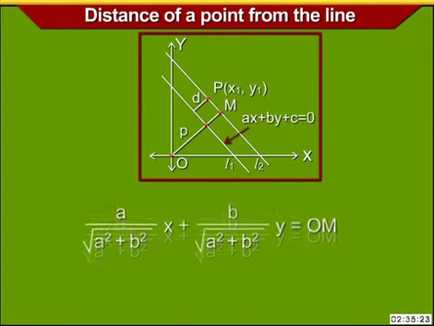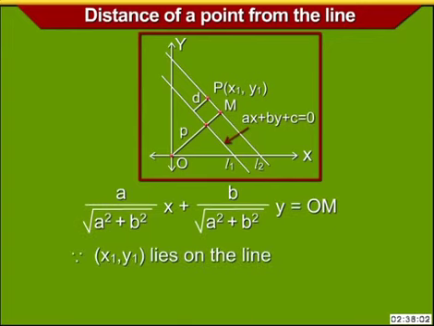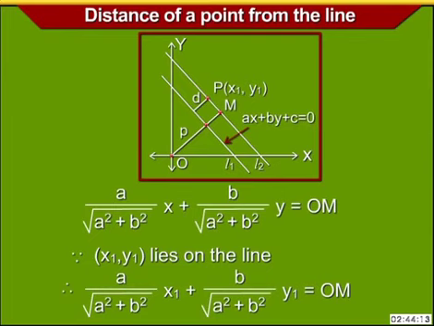Because point with coordinates x1, y1 lies on the line, therefore a upon square root of a square plus b square into x1 plus b upon square root of a square plus b square into y1 is equal to OM.